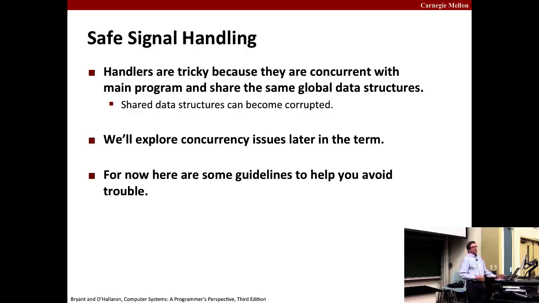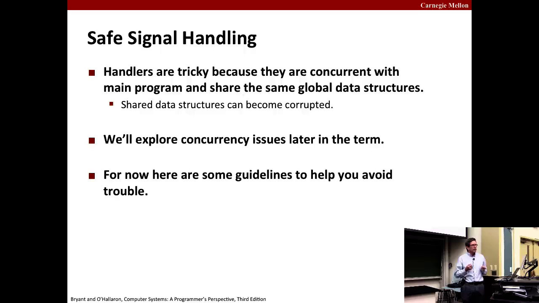Okay, so signals and signal handling is a really tricky business. And there are three things that make them so tricky and kind of nasty, really. One is that you have to be very careful to write handlers that are safe. You can write signal handlers that are unsafe in the sense that they'll create a deadlock in your program.